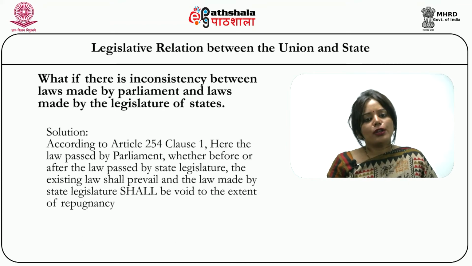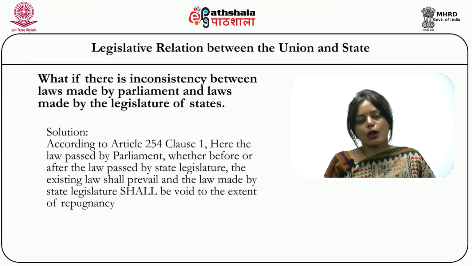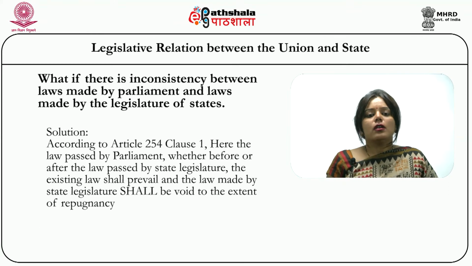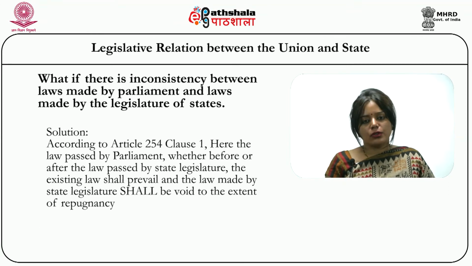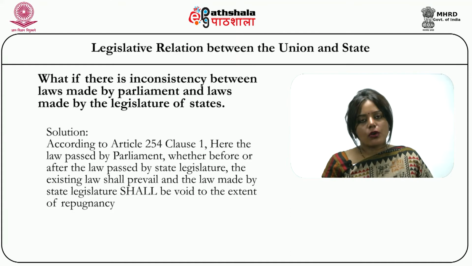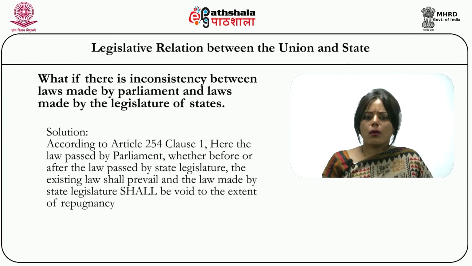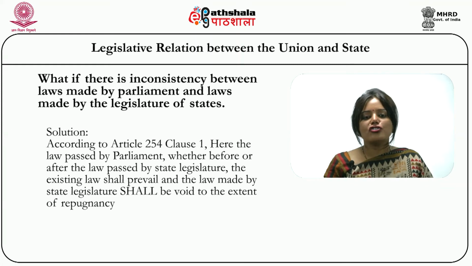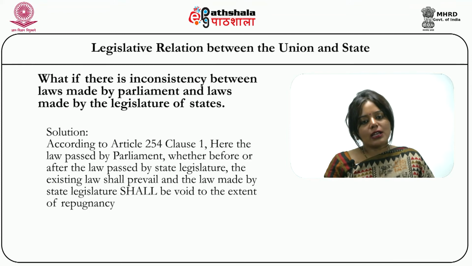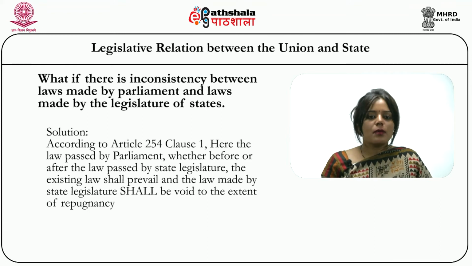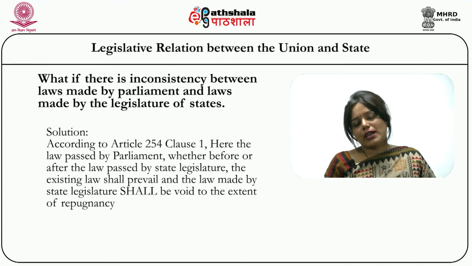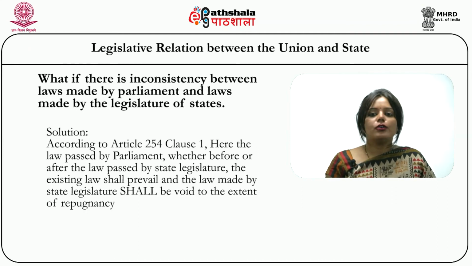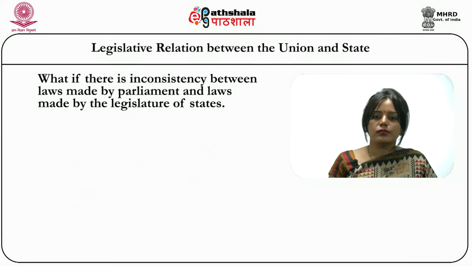Here, according to Article 254 Clause 1, the law passed by Parliament, whether before or after the law passed by the state legislature, the existing law shall prevail, and the law made by the state legislature shall be void to the extent of repugnancy. Here, the solution alone is not enough.